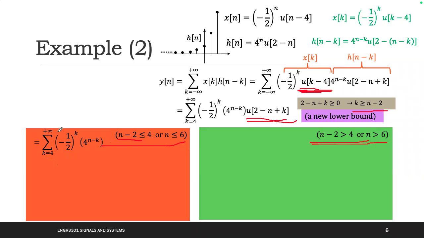Because we just talk about the lower boundary. Because this is just a sum over k, we put the 4 to the power n outside of this sum, and then we get this one.